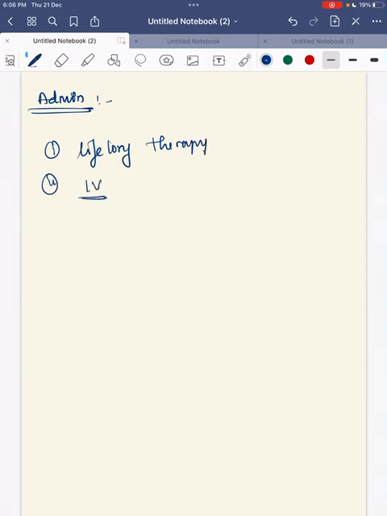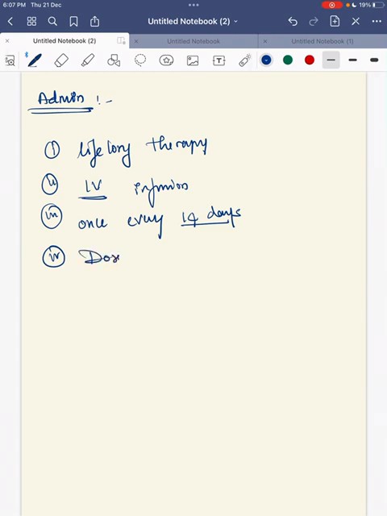It is administered as an intravenous infusion, and it is given once every 14 days. The dose here is 60 international units per kg, 60 units per kg is the dosage for enzyme replacement therapy.